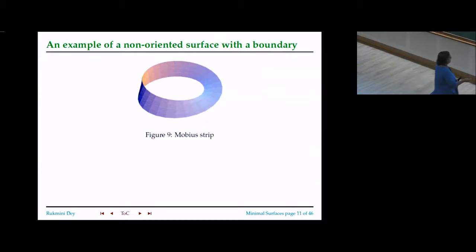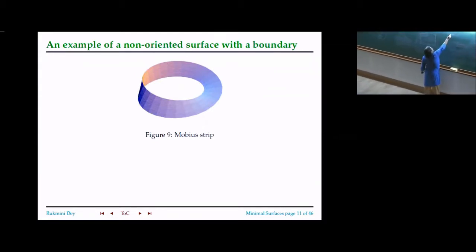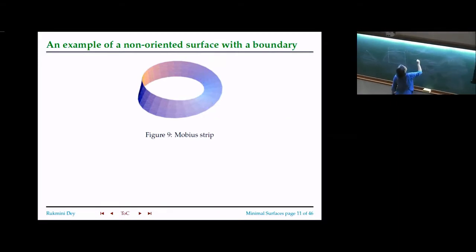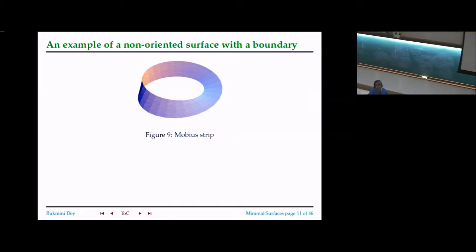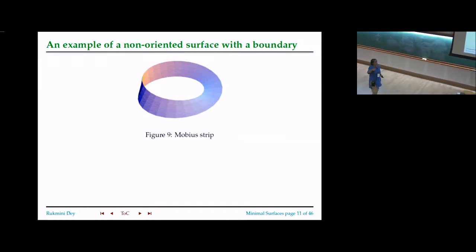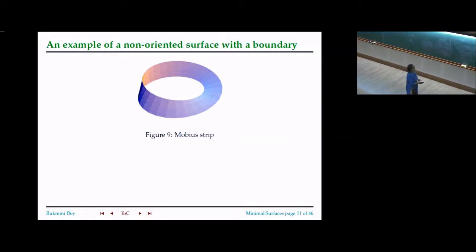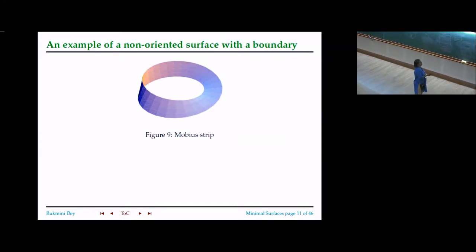If you talk about a band, how many boundaries does it have? 2, right? Whereas this one has just one boundary. I don't know whether you have gone through connectedness, but the boundary is connected, so only one component of the boundary is there.